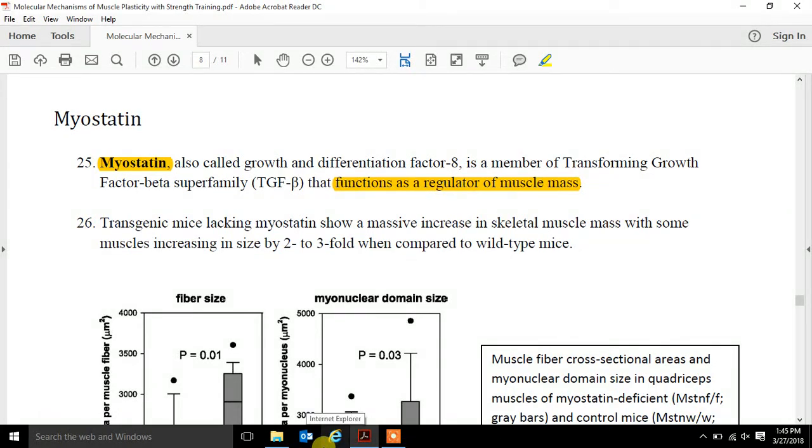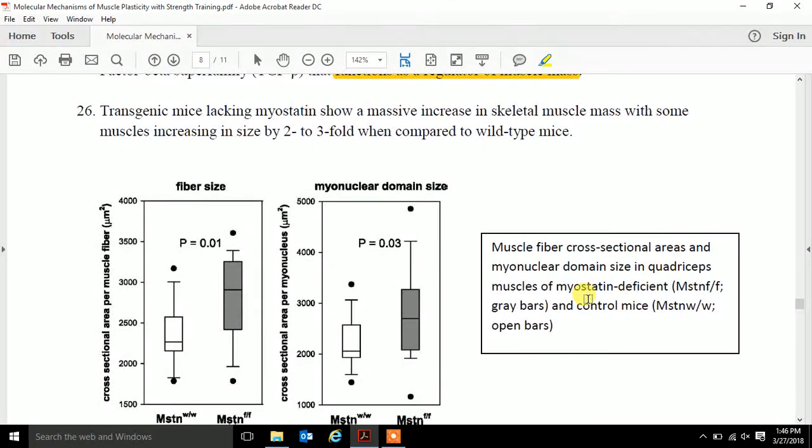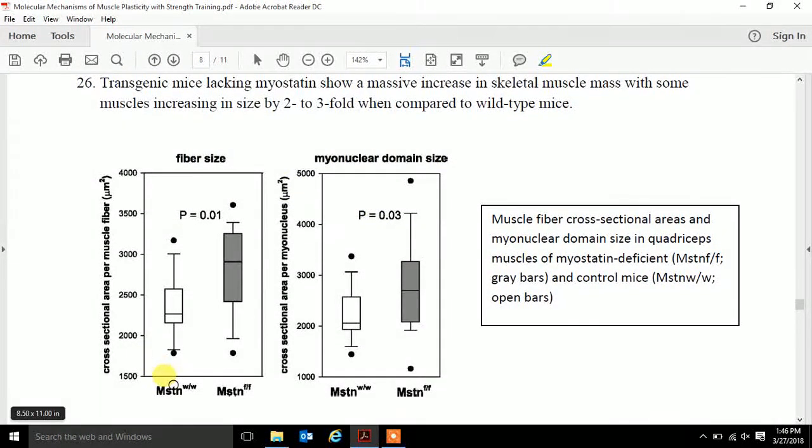And it got some really good excitement built around it from some animal studies. They use transgenic mice. Basically, they breed these mice to lack myostatin. If we look at these mice, here's our wild type mouse, and then myostatin deficient is the FF. This is cross-sectional area per muscle fiber, cross-sectional area per micronucleus.